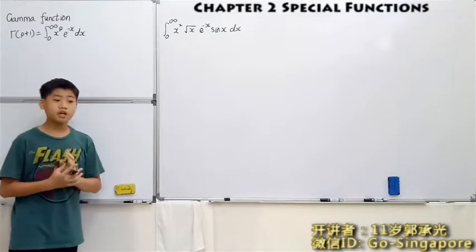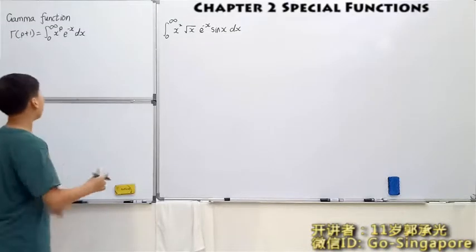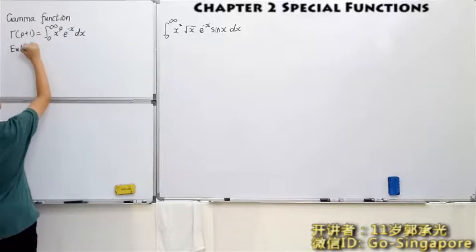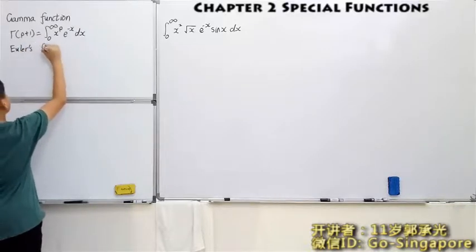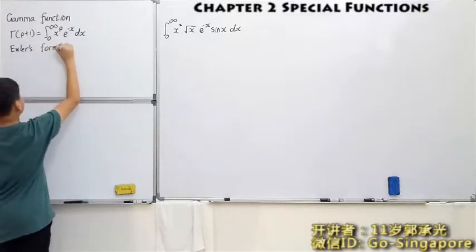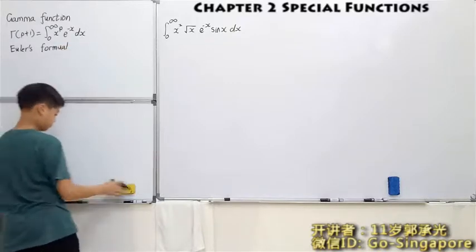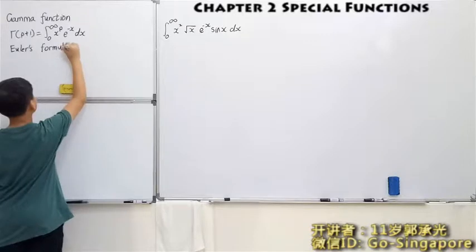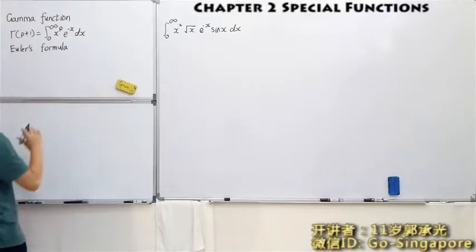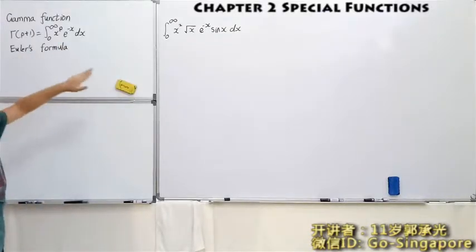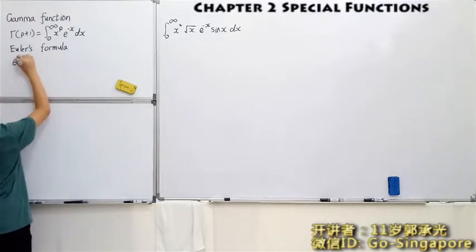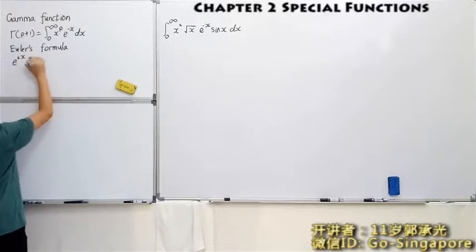This will let you think of our Euler's formula. For this Euler's formula, firstly, e to the power, let's say it's an ix.